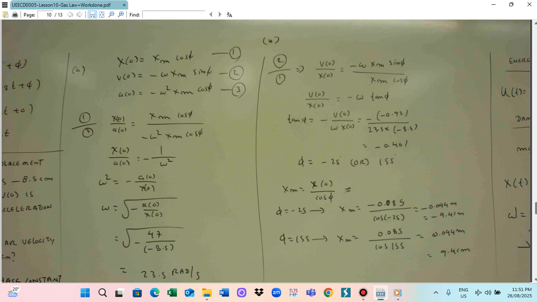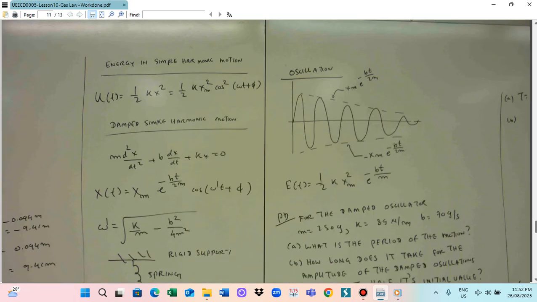So this is minus 0.085 divided by cos 155. So this will be 0.094 meter or 9.4 centimeter. So those are the answers for this question. So this is the answer for question B.